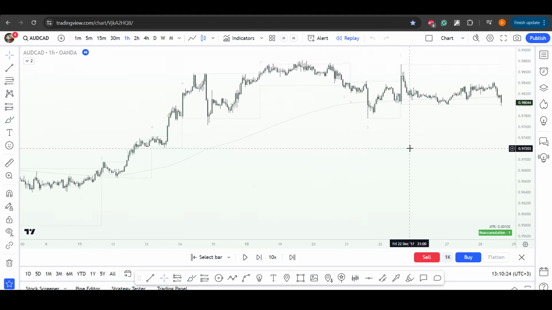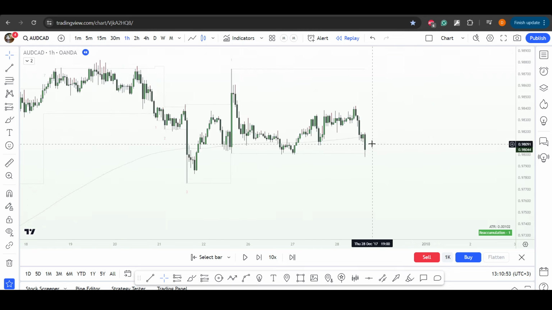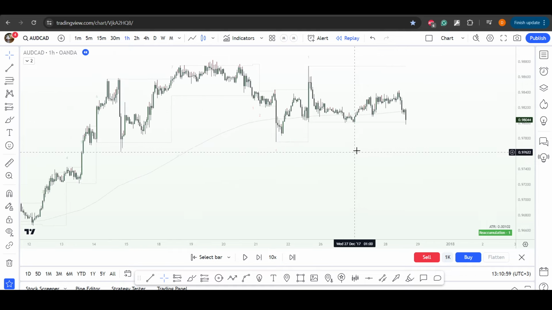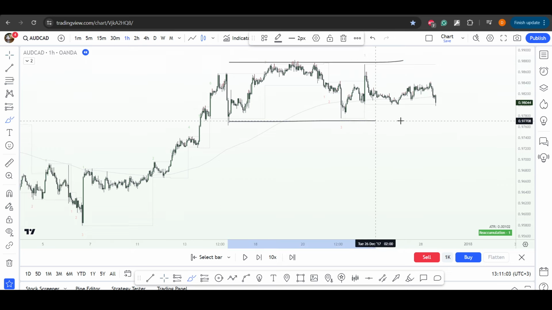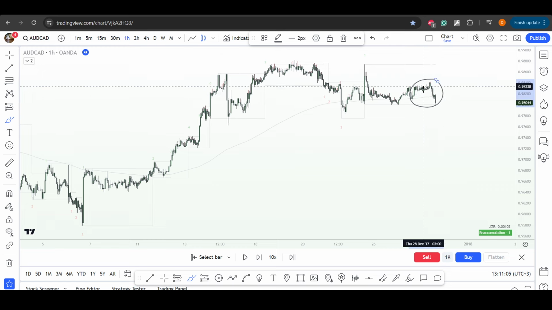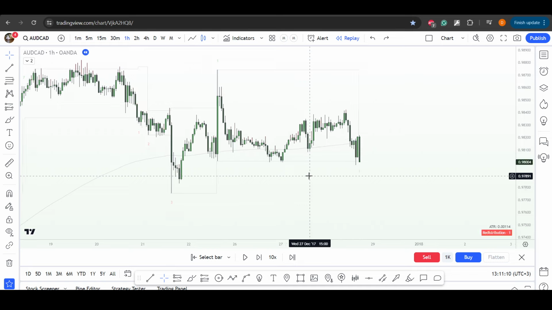Okay, I'm still here. And okay, now I want to decide if I want to enter on this impulse correction impulse confirmation pattern. And I would enter it, but we are still in the same horizontal range. It could be a beginning of a bigger move, but I better just skip it.